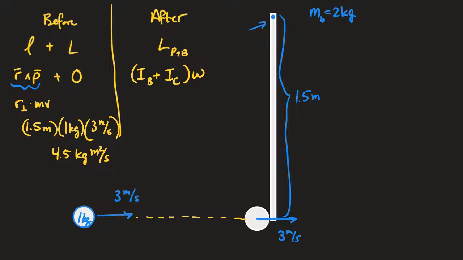But a bar about its end is 1/3 ML squared. That's the moment of inertia of the bar. The clay is just MR squared, where M is the mass of the clay and R is the length of the bar, because it's stuck at its end. That's now the moment of inertia of the system.